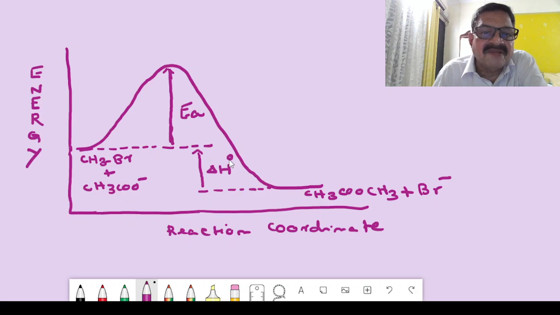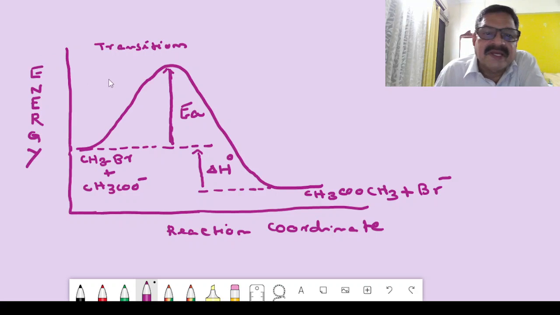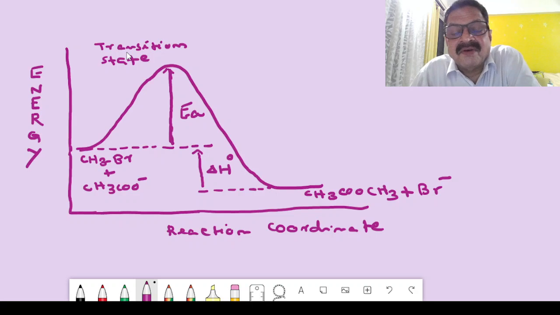So this is the transition state here, that is the energy barrier. Since it's a one-step mechanism, there is only one energy barrier. So how will you represent the transition state? In the transition state, the carbon-Br bond is partially broken and the carbon-oxygen bond is partially formed. Each of them, the Br and the oxygen, will bear a partial negative charge.